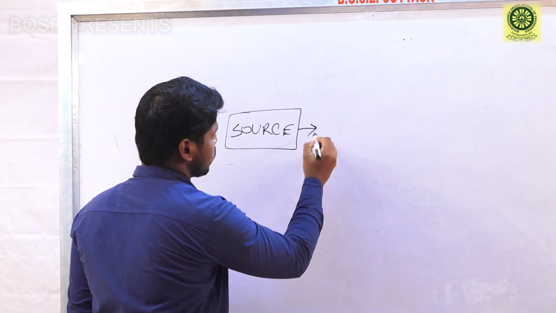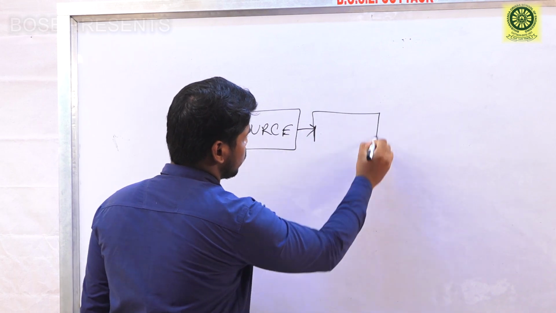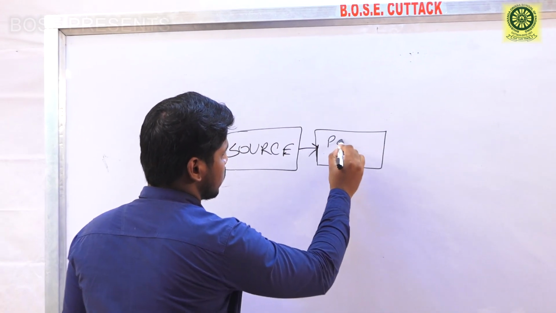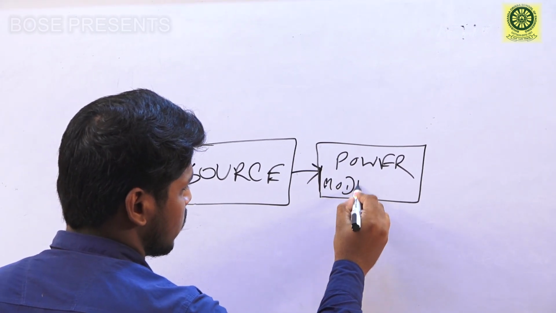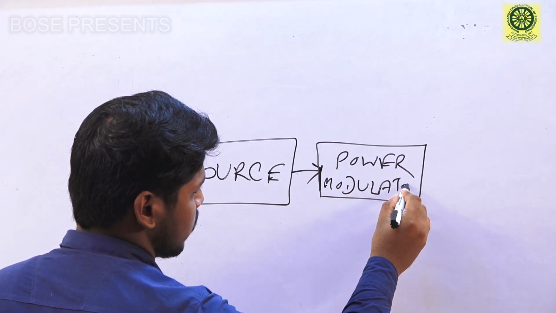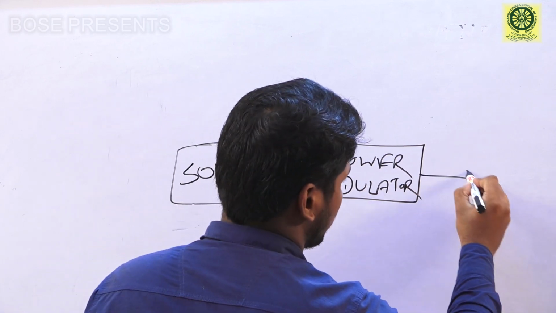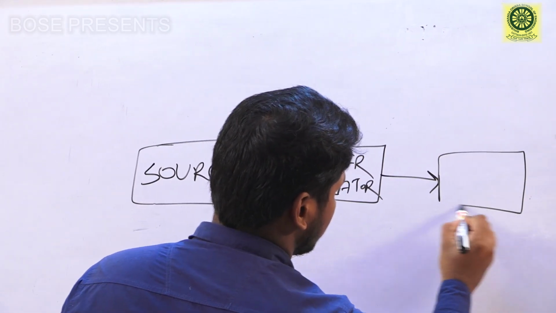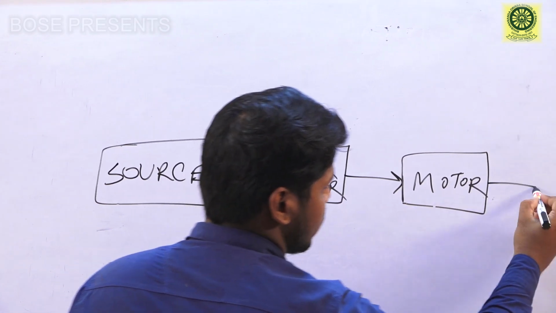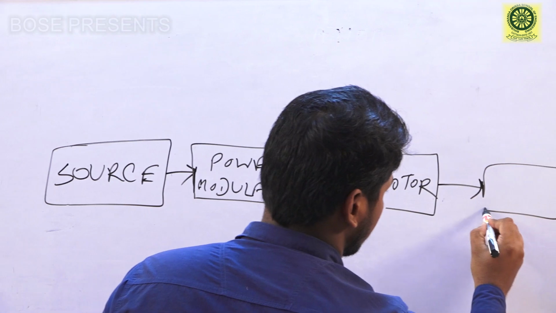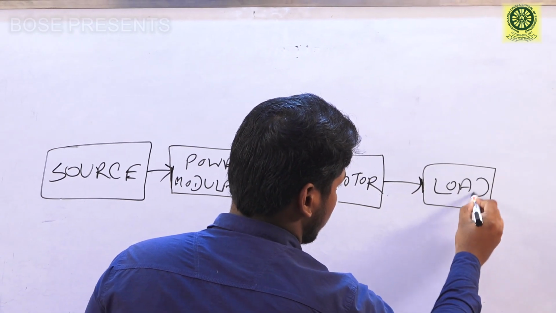Then from the source we feed the output to the power modulator. Then from the power modulator, it is provided to the motor, and then from the motor to the load.